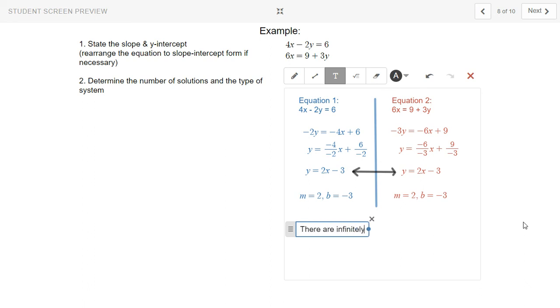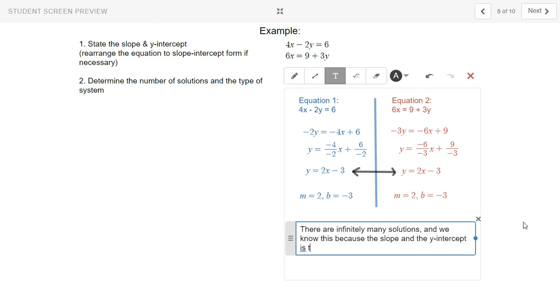So we can say there are infinitely many solutions because the slope and the y-intercept are the same. They are the same equation and the same line.